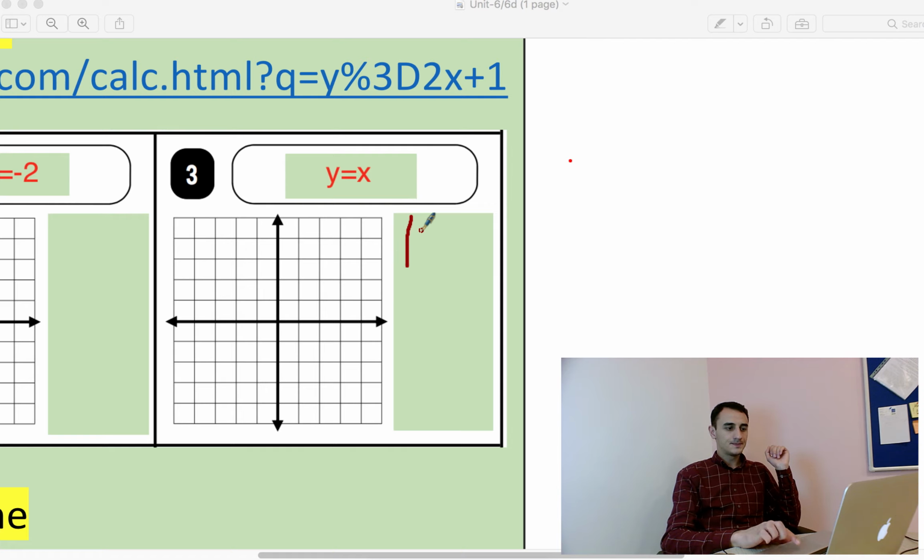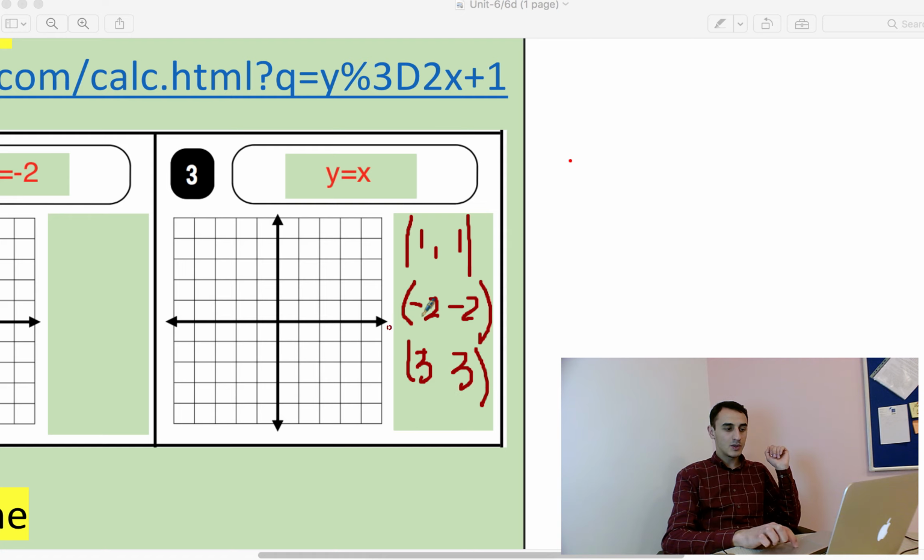For example, 1 and 1, because y is equal to x. For example, -2 means it needs to be -2 as well for output. For example, 3 and 3. Okay?